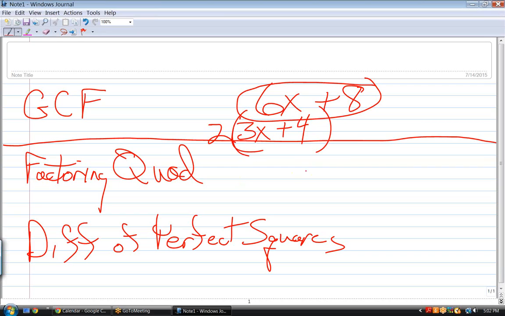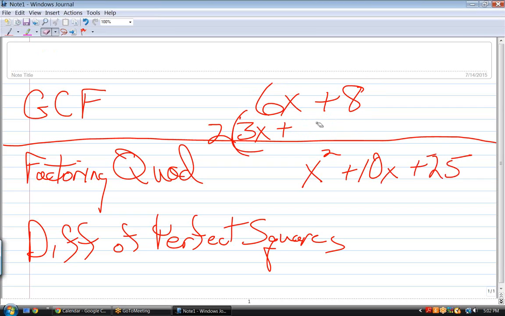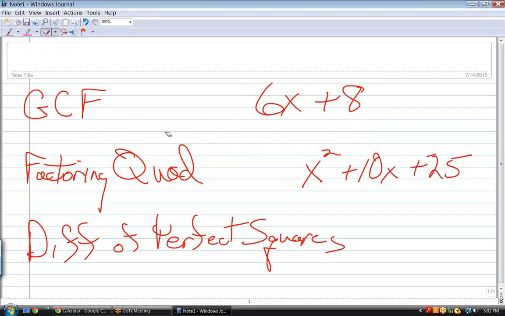Let's factor a quadratic. Now, first of all, tell me why I can't use greatest common factor here. Because there's x's. Well, there's x's in 2 of the terms, and there's no x in the third term. In other words, this is the key right here.